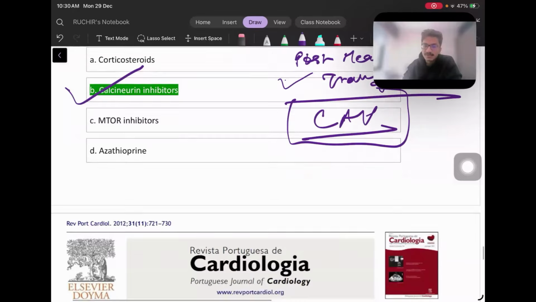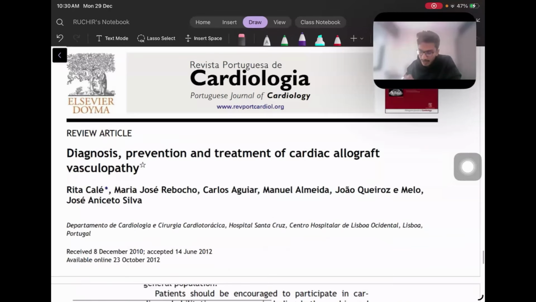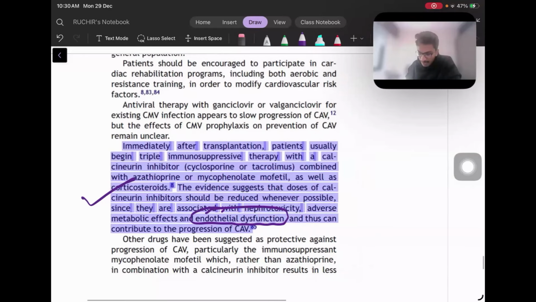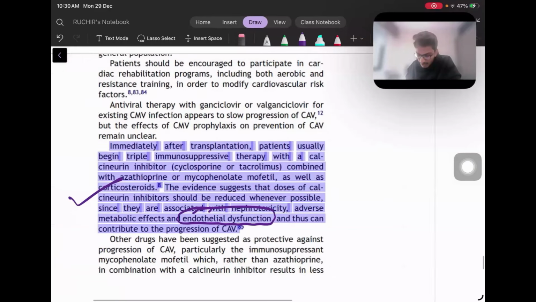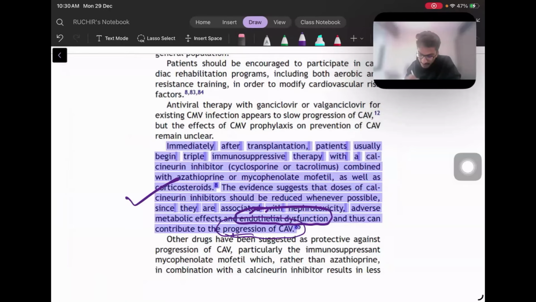And here, very important, I have tried to find the article for this, wherein it is very clearly mentioned that after transplant, because we start with the immunosuppressant, there is evidence that calcineurin inhibitors are associated with endothelial dysfunction, and it can lead to progression of the cardiac allograft vasculopathy. So it is important that we reduce the dose of calcineurin inhibitors.